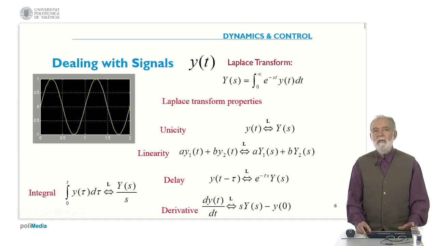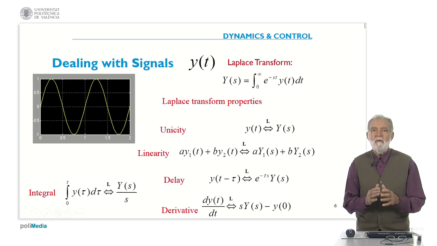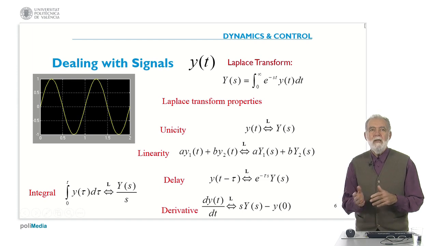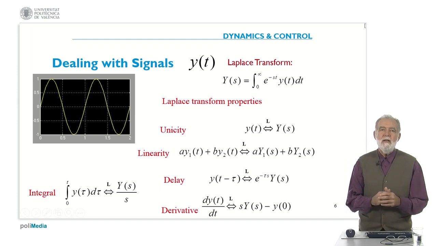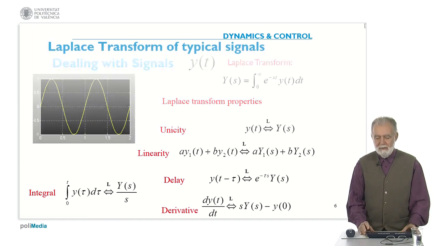And the integral is the same, but divided by s. So in an operational mode of interpreting this, we can say that derivative is equivalent to multiply by s, integral is equivalent to divide by s. This is not very formal, but is very operational.